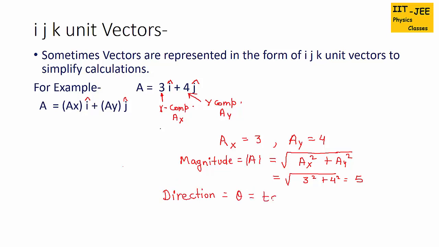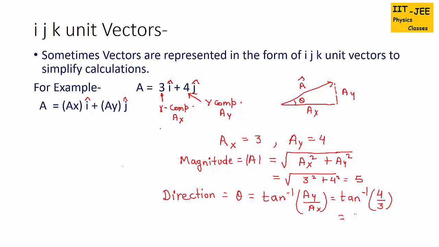It would be tan inverse of ay over ax. This is the formula. If vector A is here and its angle from the horizontal is theta, this would be ay and this would be ax. So it's tan inverse of 4 over 3, which equals 53 degrees. So the magnitude of vector A is 5 and it is at an angle of 53 degrees from the horizontal.